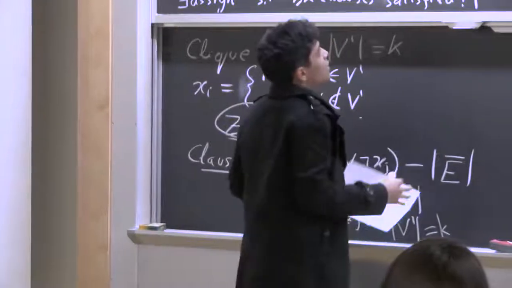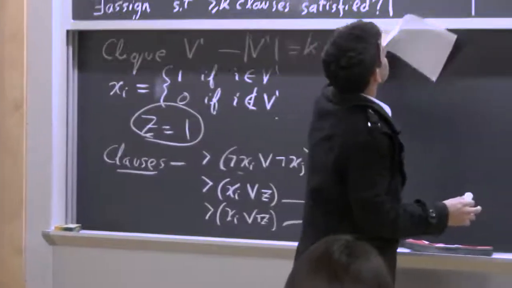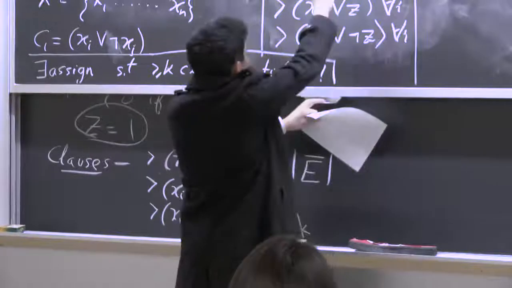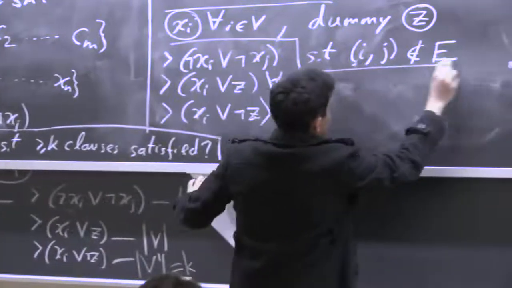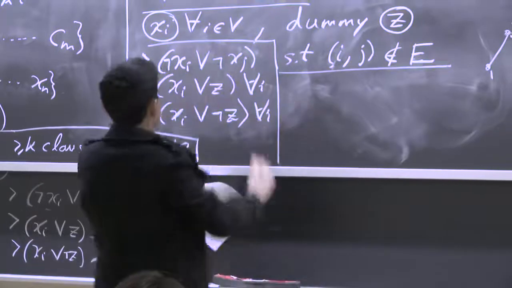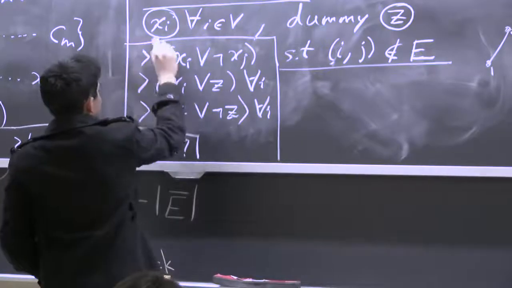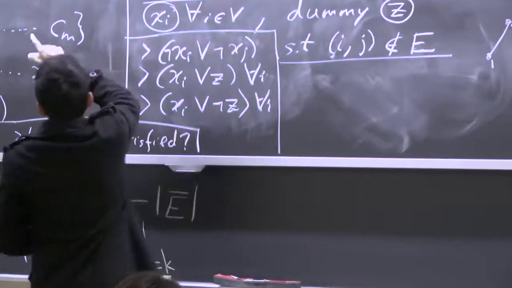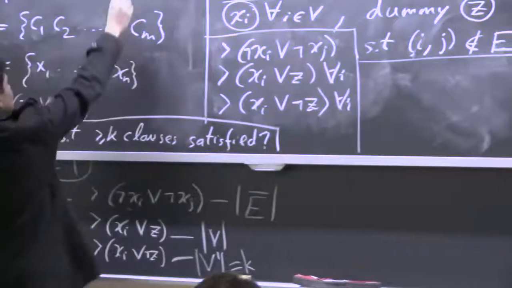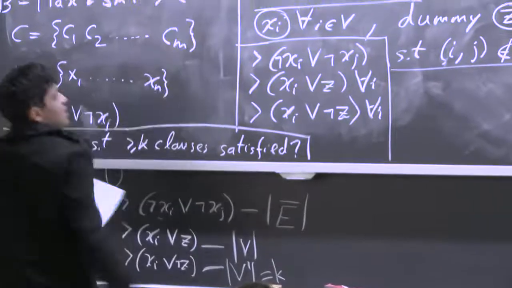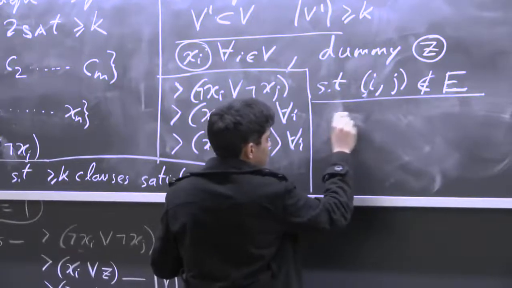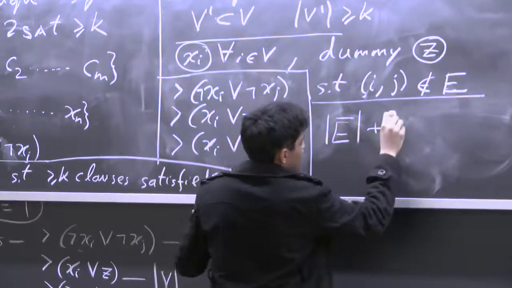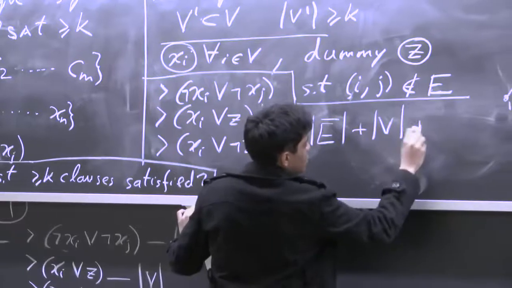So now we can finish formulating our transformation. These are our clauses, and now we have to set the k, since max 2 sat was with a condition of k. So here you'll set it to be mod of e bar plus mod of v plus k.